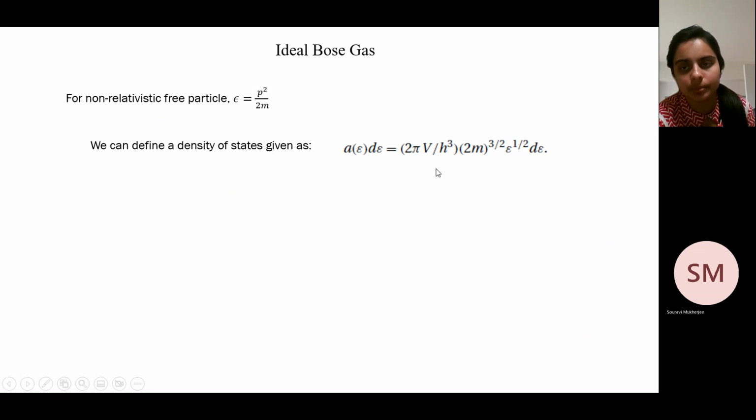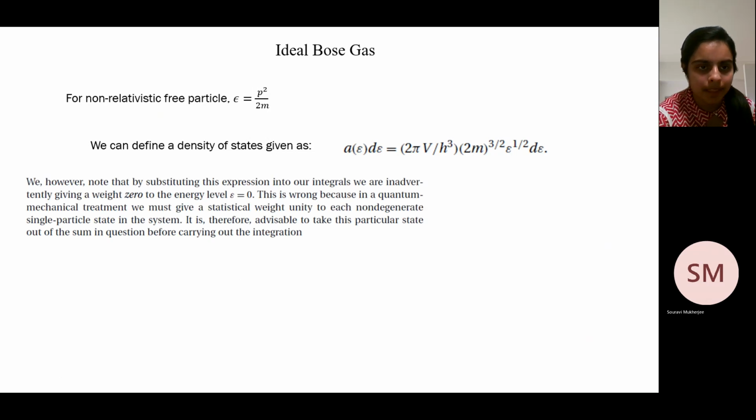In 2D, you can see that it would be independent of energy, while in 1D, you would get a dependence of epsilon to the power minus half. So depending on the dimensions of your system, your density of states can differ. For 3D, this is your density of states, where you have just changed from the momentum space to the energy coordinates, okay?